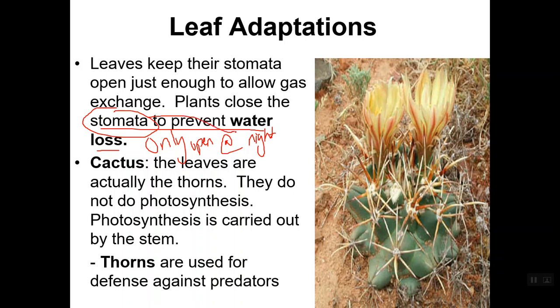Yes, they open during the day, but they don't open for too terribly long during the day. They tend to close. And what actually happens is when we look at these under the microscope, and it's happened in previous years, because the microscope light is so hot, it actually causes the guard cells to close while you're actively looking at them, which is kind of cool. It's too bad we can't see that this year. But it is something that's really interesting to catch if you are lucky enough to see it.